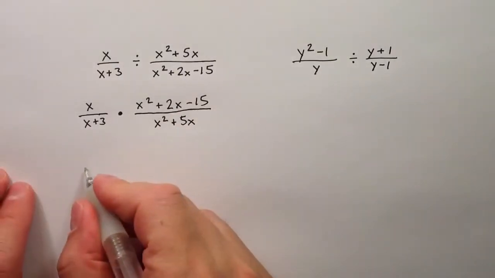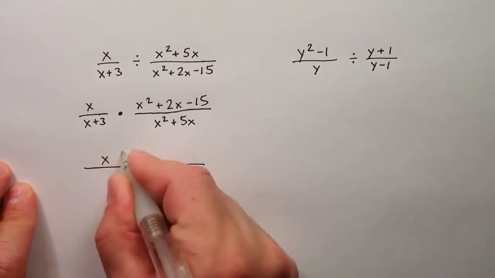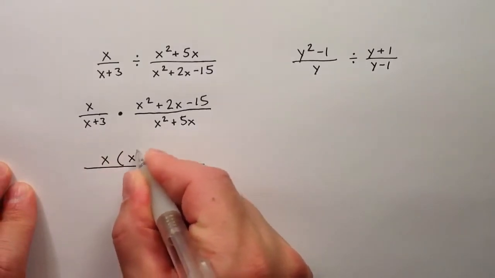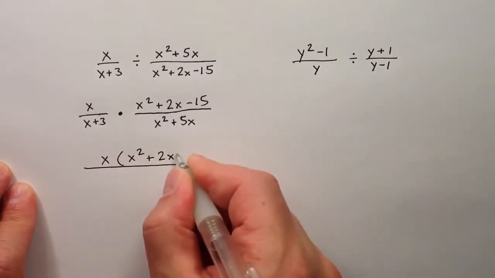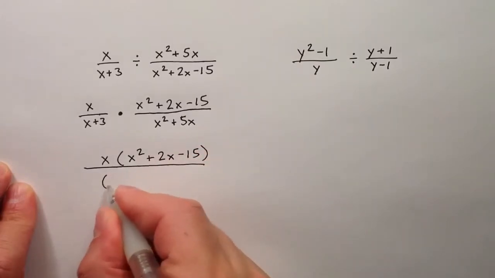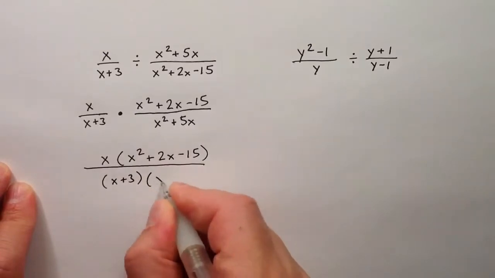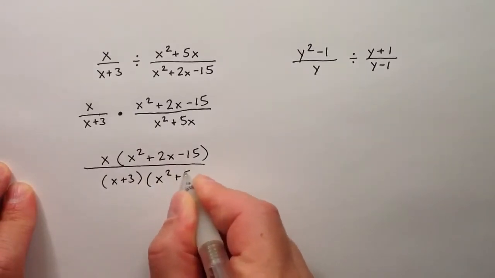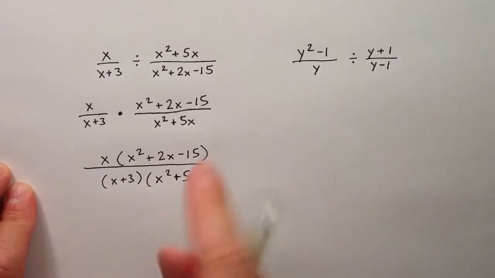Now I can put them together as a single rational expression. I need parentheses around the second part because all three of those terms are multiplied by x. And in the denominator I need parentheses around both the x plus 3 and around x squared plus 5x. Without the parentheses, it really means something very different.